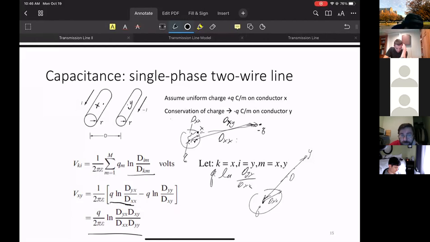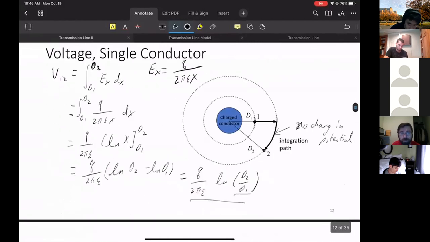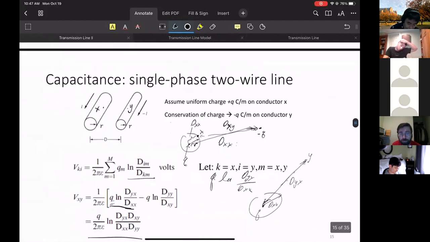This distance is dyx. So remember our equation: q, the amount of charge, times log of this distance yx divided by dxx. This was basically our single conductor equation, d2 over d1. So here d2 is dyx, and d1 is dxx.